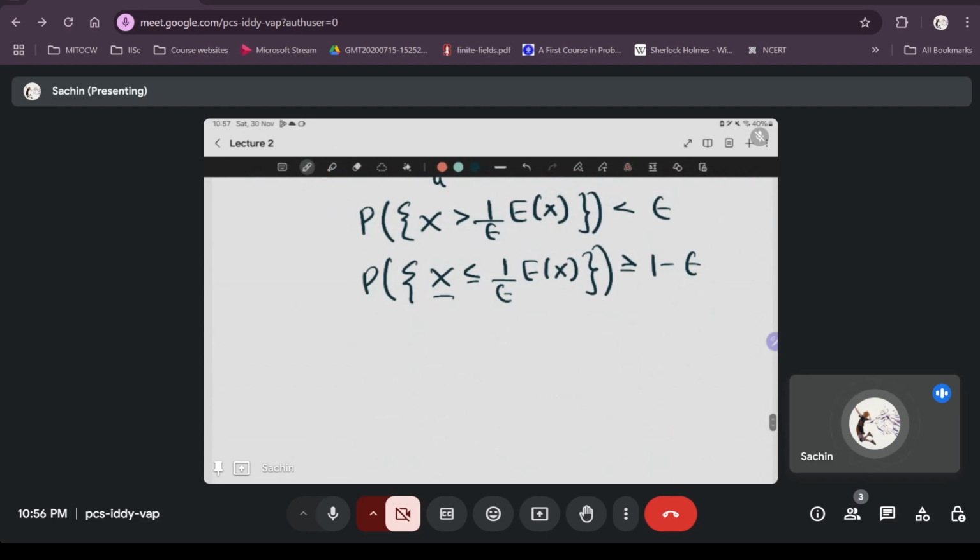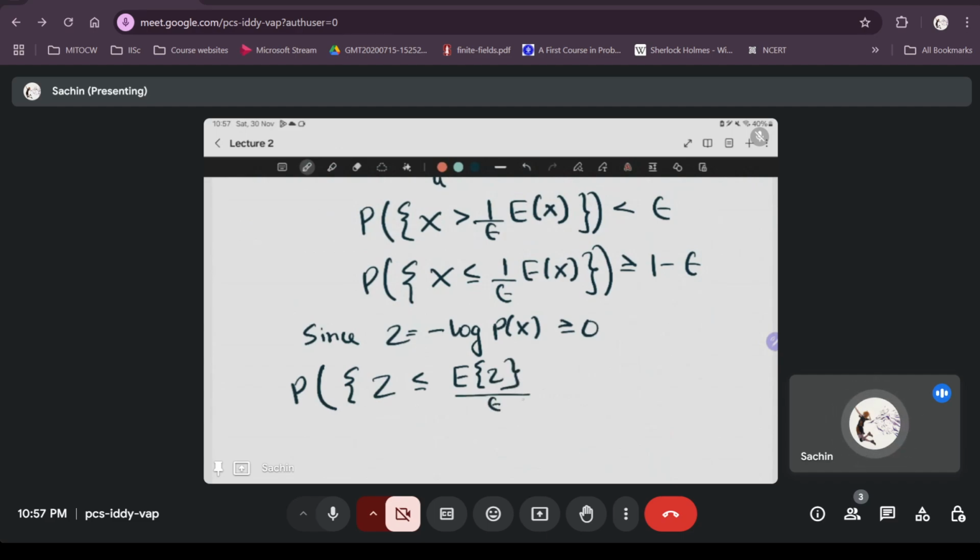Now this is for any non-negative random variable x. So since z is equal to minus log p of x greater than or equal to 0, we can write that p of z less than or equal to E of z by epsilon is greater than or equal to 1 minus epsilon.